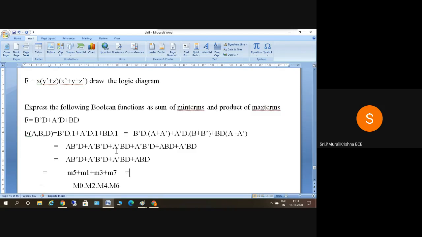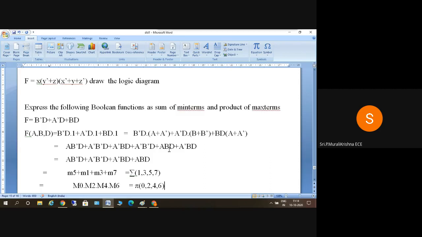I can write this as sigma of 1, 3, 5, 7, and this is equal to pi of 0, 2, 4, 6.